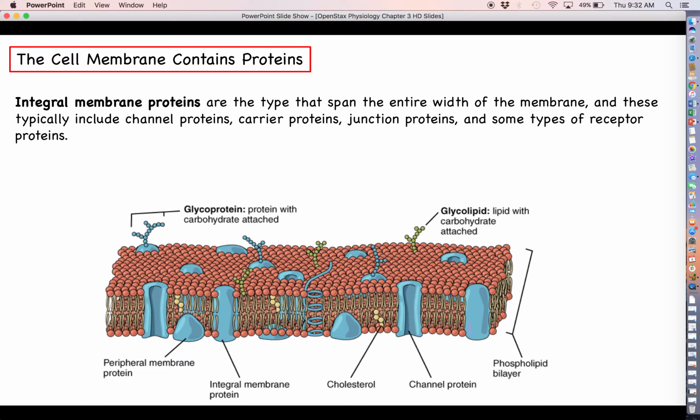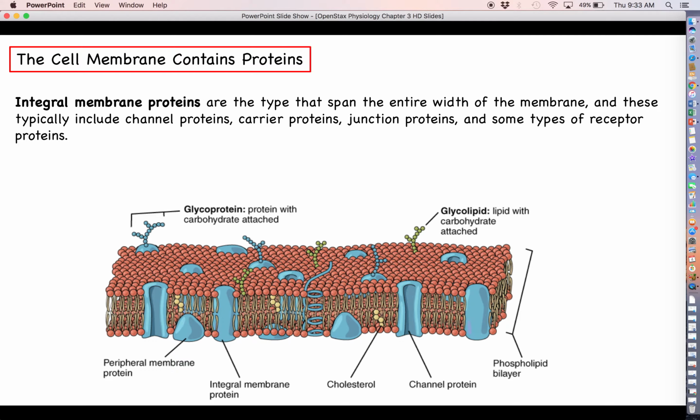That's what makes it an integral membrane protein. It also includes junction proteins that help to join cell membrane to cell membrane to give tissue stability and flexibility, carrier proteins, which are kind of in the same category as the channel protein, as we will find out later on, and many different types of receptor proteins, which we will talk about in week 3 when we start talking about communication.